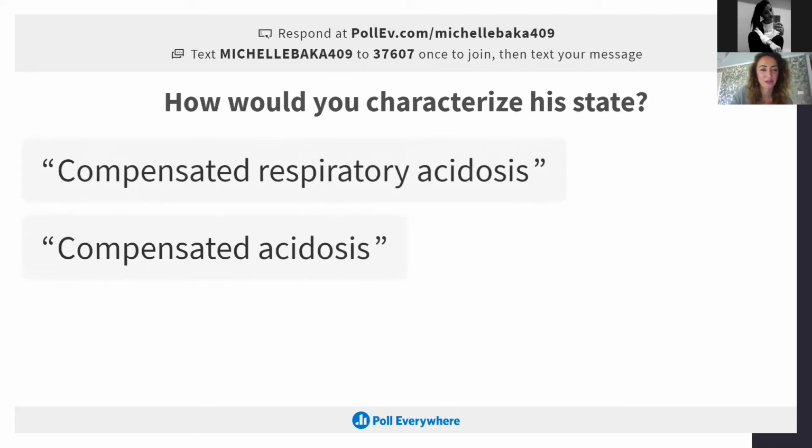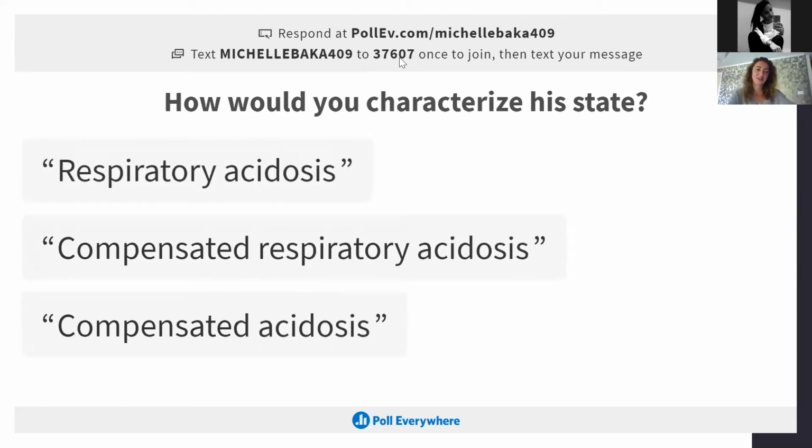Compensated acidosis. Compensated respiratory acidosis. I agree with the first one. I don't agree with the second one.